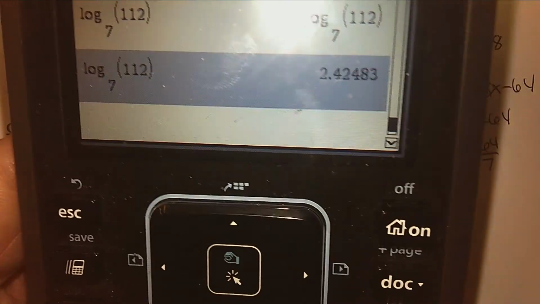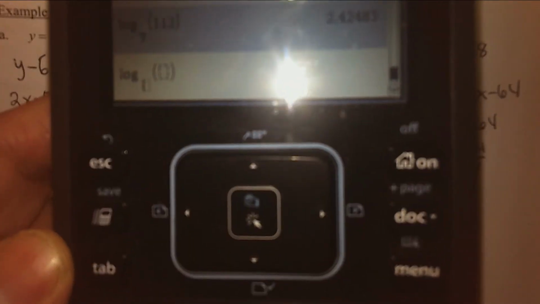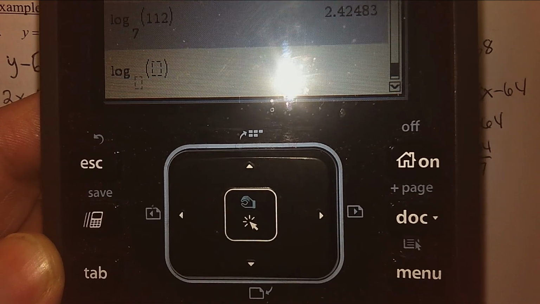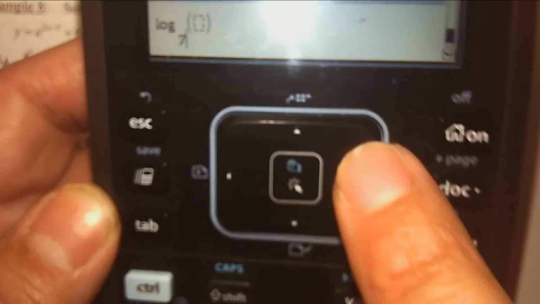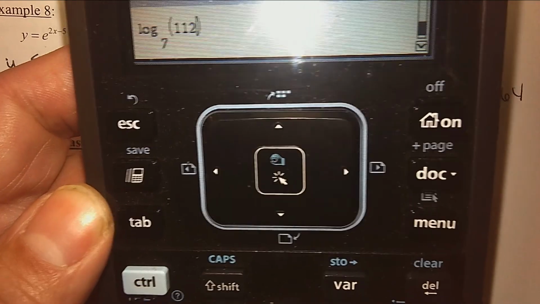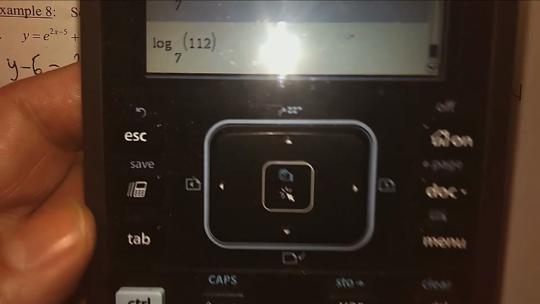Good. Let's do that. So control and that. And what do you notice that pops up right away? That means you can put in any base. Isn't that beautiful? So just type in what it says, log 112 base 7. All you do is put that in. Now, if you press equals, it will just spit it back out at you, right? So go control and enter.